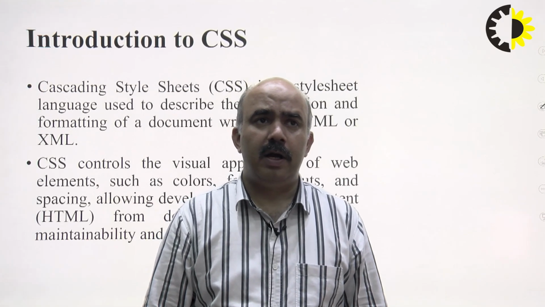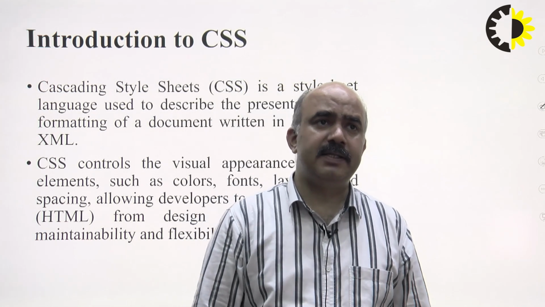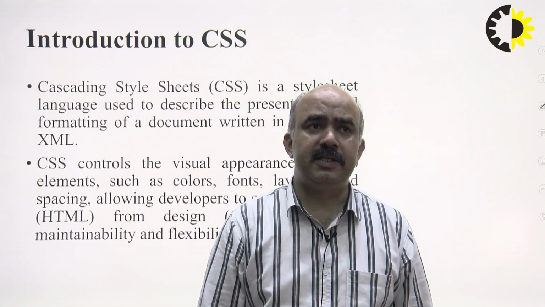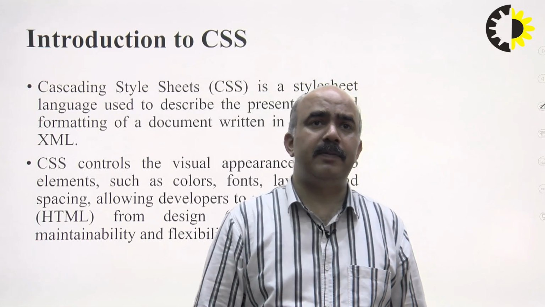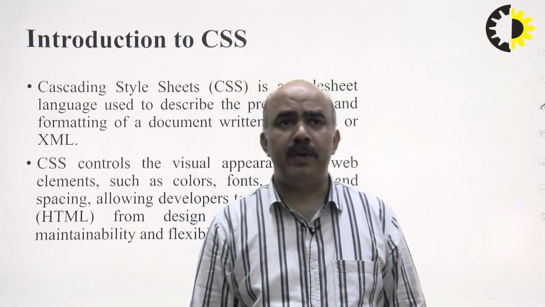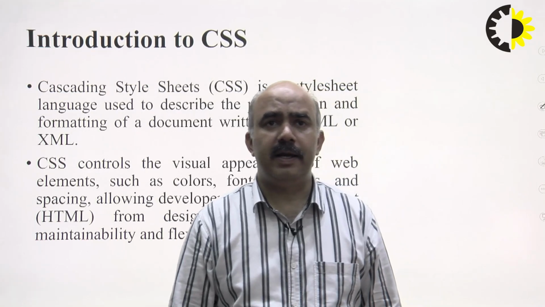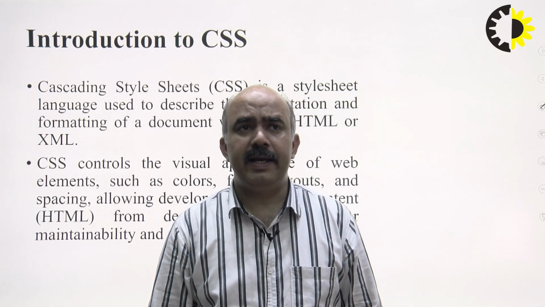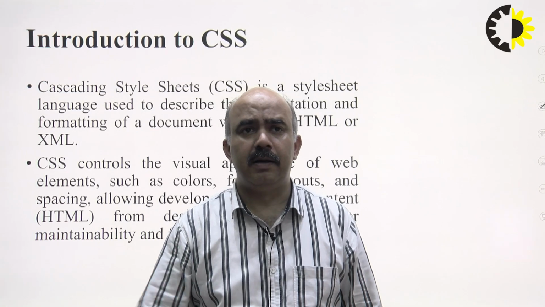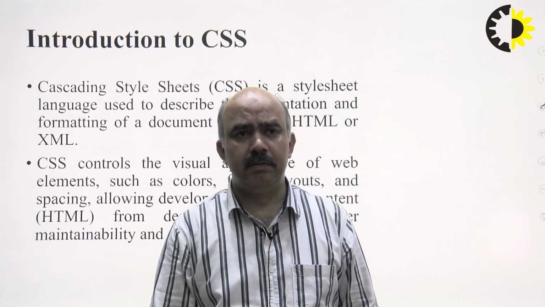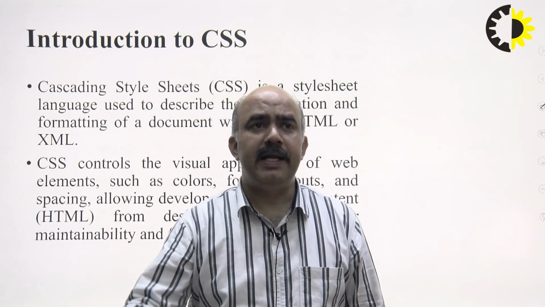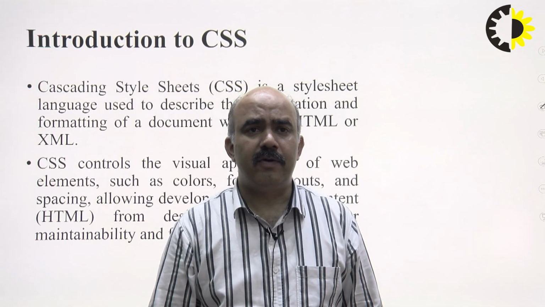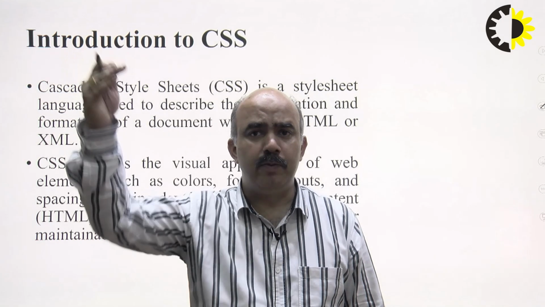Okay. So CSS, as you already know, is Cascading Style Sheets, a style sheet language used to describe the presentation and formatting of documents written in HTML or XML. When we say cascading, it means the levels or layers in which we apply the CSS, just like in a waterfall, where we go from the top to the bottom.